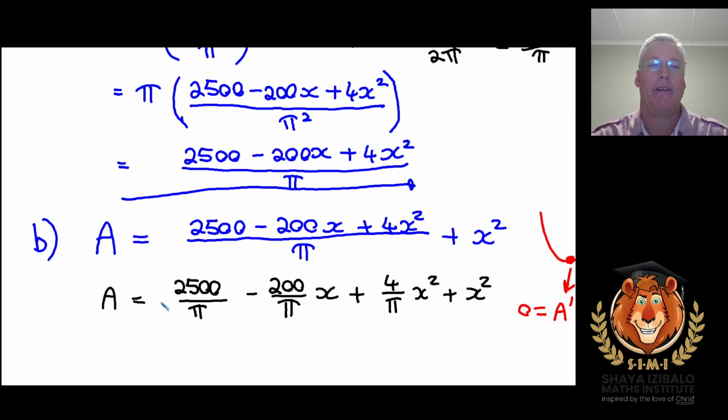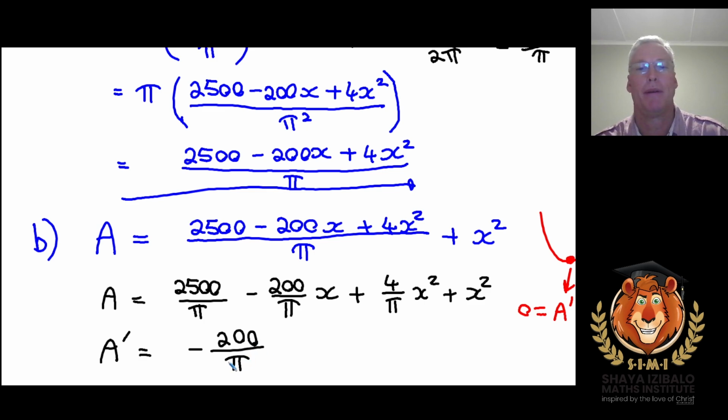Right, now we're ready to differentiate it. The first term is just a constant, so that will be 0. This will be negative 200 over pi. This will be plus 8 over pi x. And the last one will be 2x.